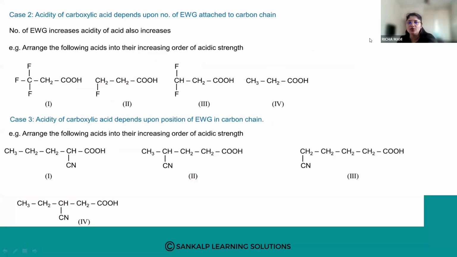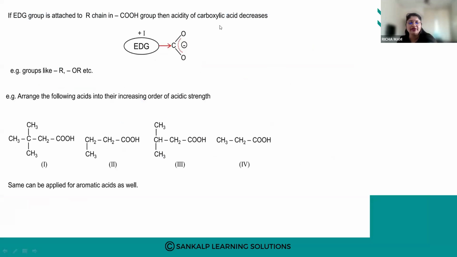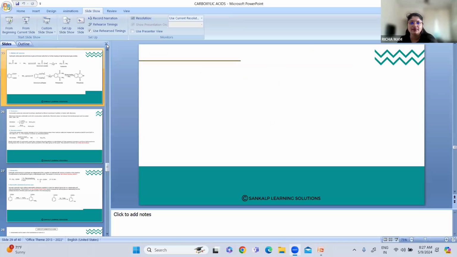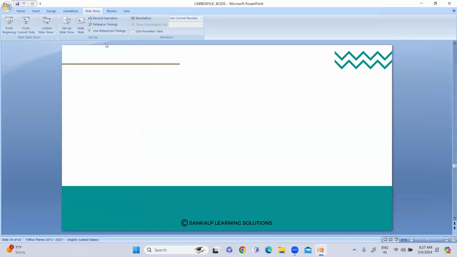If we have an electron withdrawing group or an electron donating group, all these things will be completed in the next class. Any doubts up to here? No, ma'am. Others?